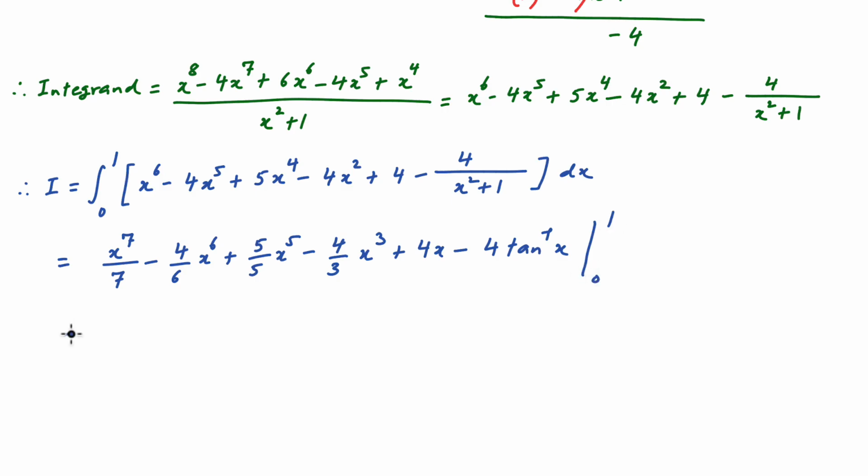Putting in the upper limit, this is equal to 1 upon 7 minus 2 upon 3 plus 1 minus 4 upon 3 plus 4 minus 4 times tan inverse 1.